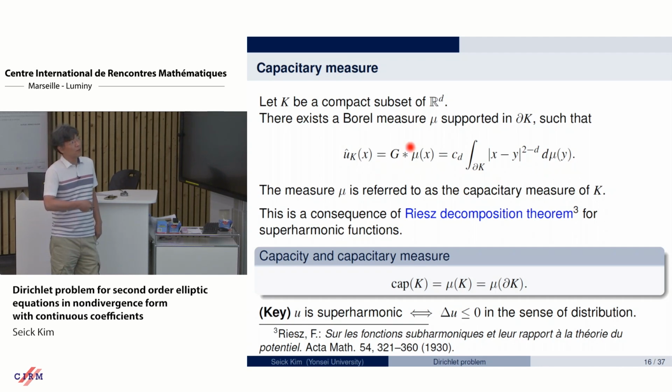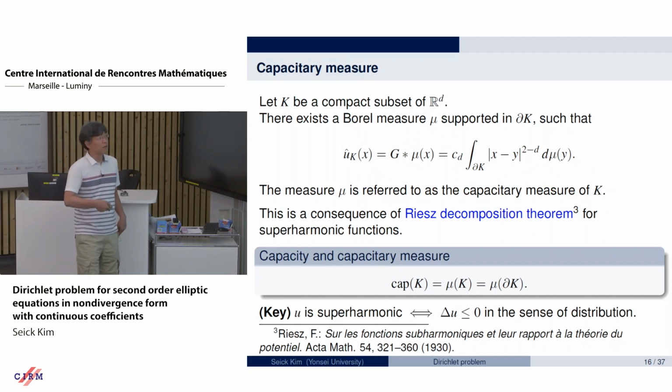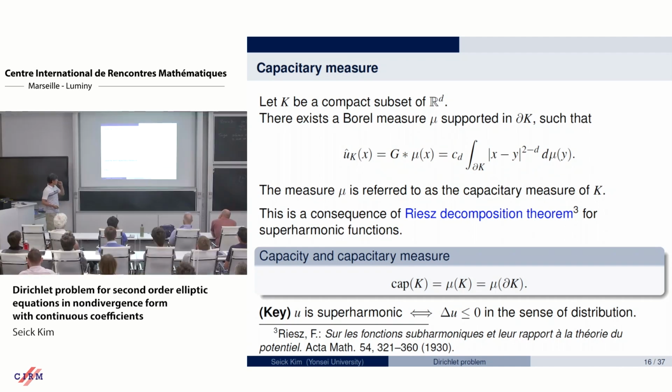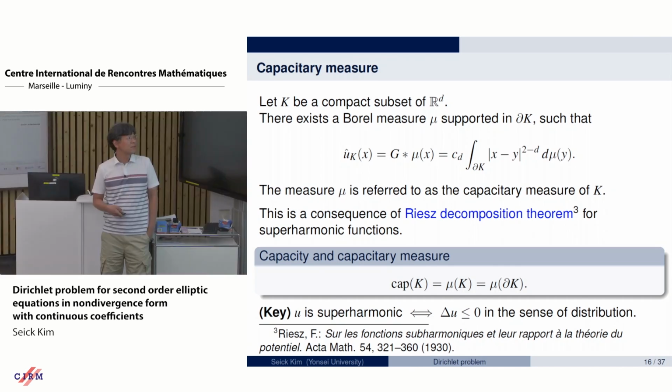The measure is totally supported on this boundary, and this measure is called the capacity measure. This is a consequence of the so-called Riesz decomposition theorem, and I'm going to explain this in very simple terms, so why this is true.